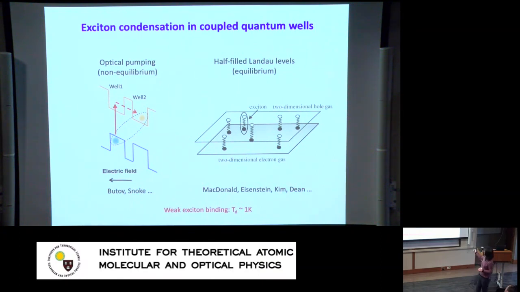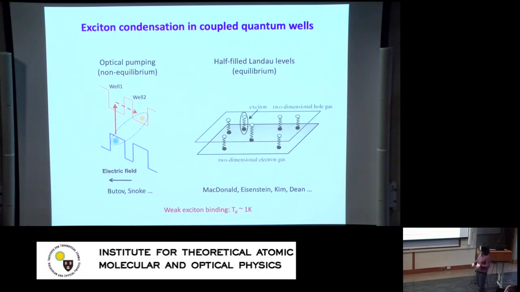Or you can look at coupled quantum wells, putting them into half-filled Landau levels. So you can think of one layer as an electron and the other half-filled Landau level as hole. And in this case, you need to apply relatively large magnetic fields.